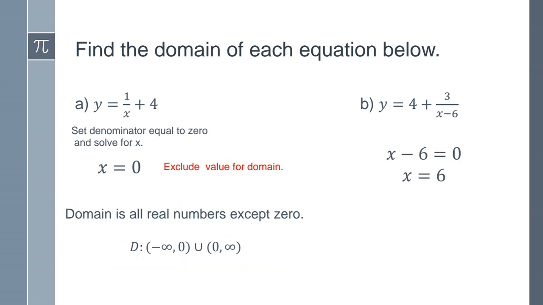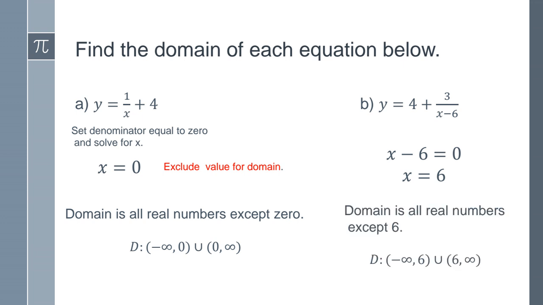In this case, x cannot be 6, so we exclude 6. Our domain is going to go from negative infinity to positive 6, and then the U symbol means union, which means to include everything together, and then from 6 to infinity.